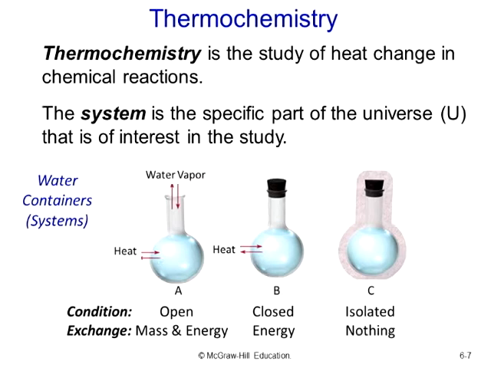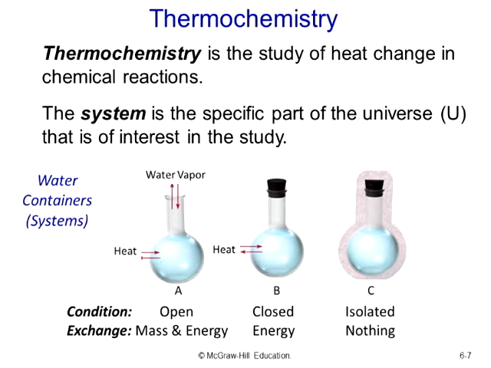So let's take an example here. Water in a container. So in this illustration, we have 3 water containers. The water containers are the system that we want to study in this universe. Contained within these containers is water. There are 3 conditions under which we might examine this water container. One condition would be an open system.